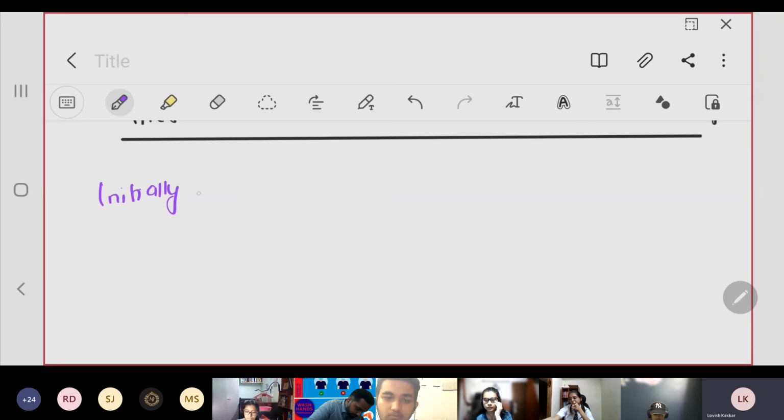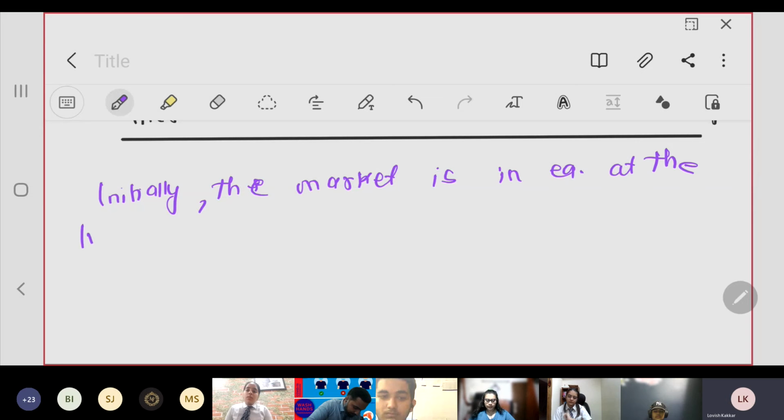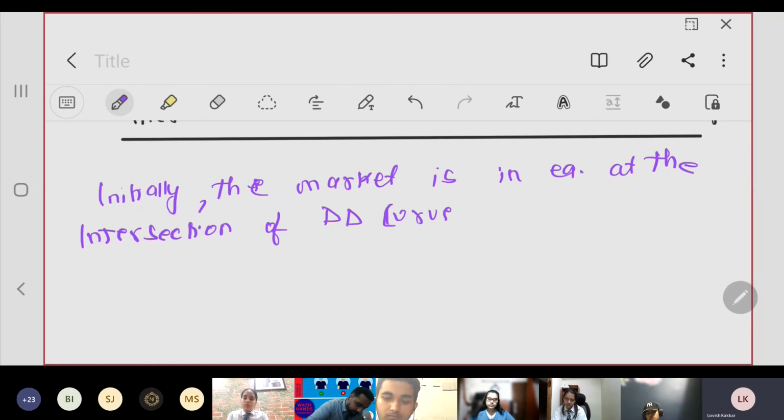Initially, the market is in equilibrium at the intersection of demand curve DD and supply curve.